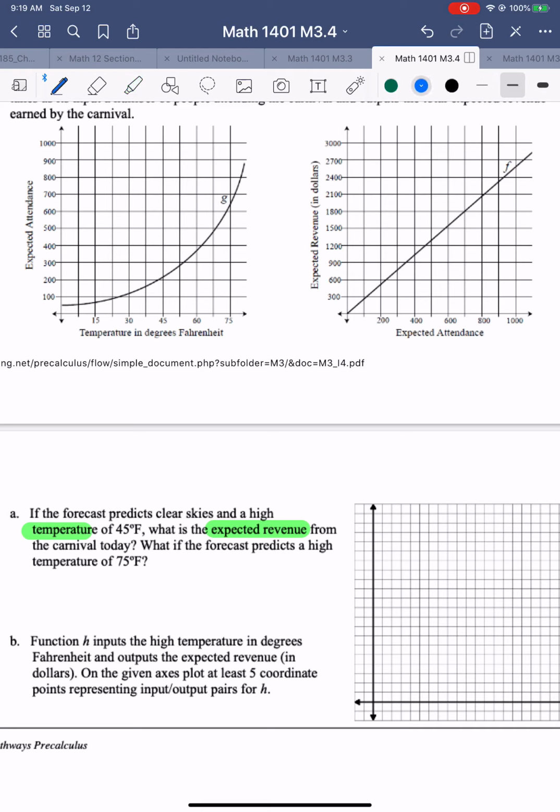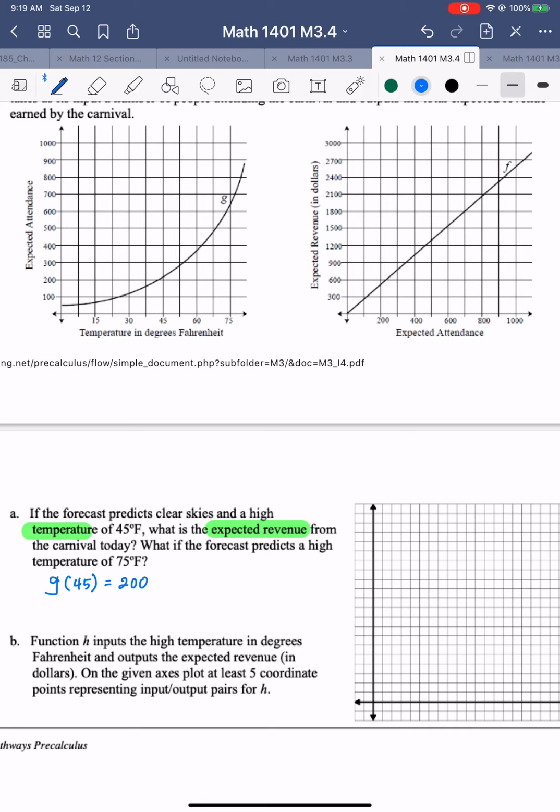Let's look at it. The first one is 45 degrees, right here. If you go to graph g, 45 is about 200, let's make the approximation. So g of 45 gives us 200 people attending the carnival.